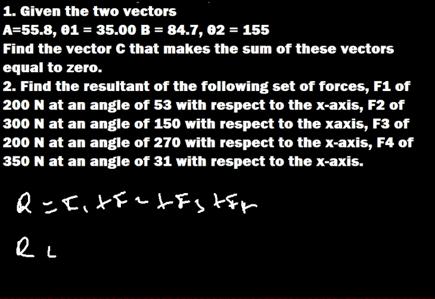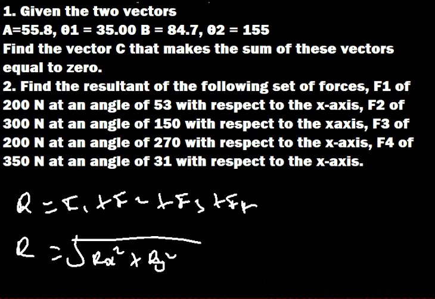And the way I will have the result is given as the square root of Rx square plus Ry square, of which Rx will be the summation of the x components of the forces. So a key skill is you should understand vector resolution.